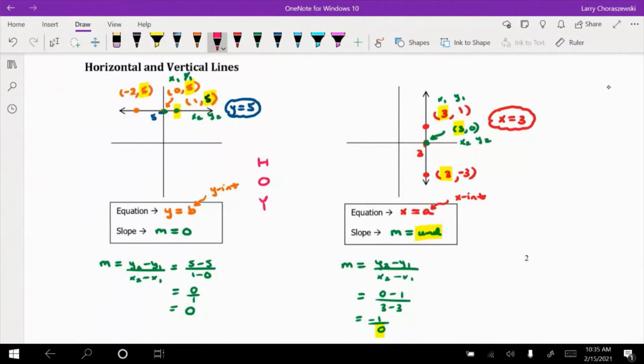The reason why it's an acronym is because H is going to stand for the word horizontal, more like horizontal, Mr. C. The O is going to double up as a 0, meaning that 0 is what the slope is equal to. And then the Y gives us the format of the equation, which we just saw a minute ago, that it's y equals b, where b is the y-intercept.